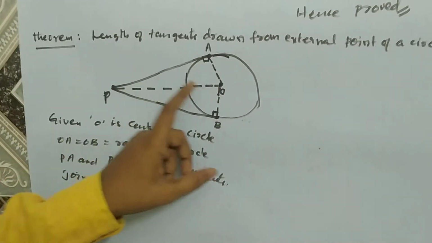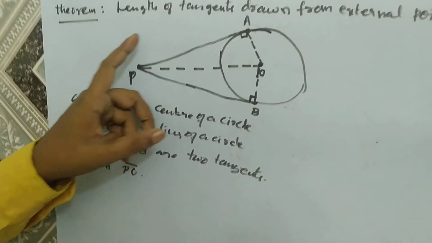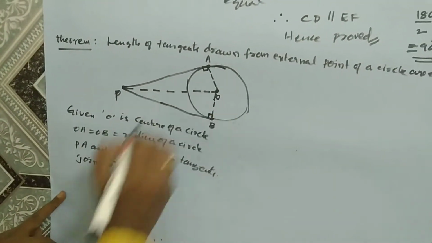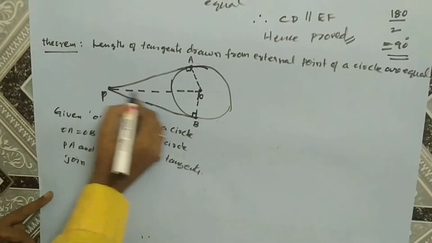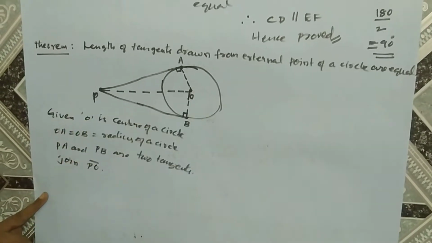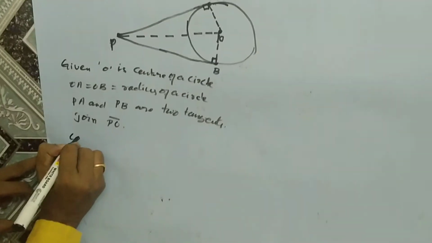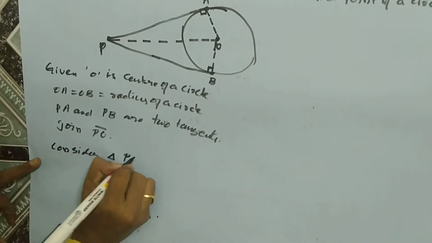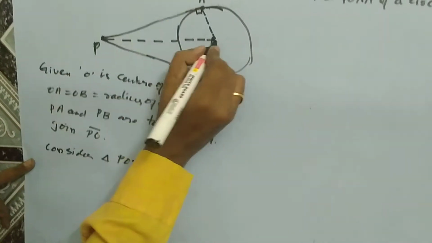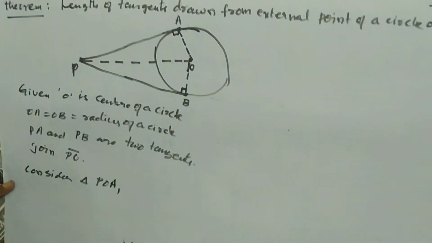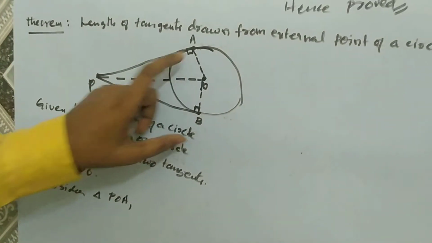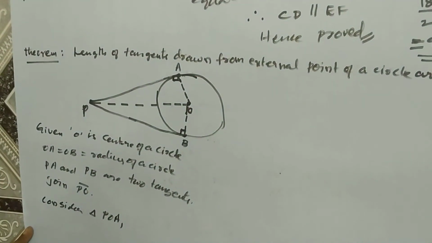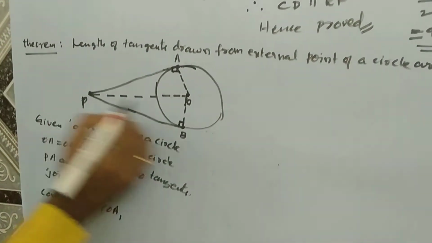When you join PO, two triangles are formed. One triangle is POA and the other triangle is POB. Consider triangle POA. Here in triangle POA, at A there is 90 degrees, and opposite the 90 degrees is the hypotenuse.